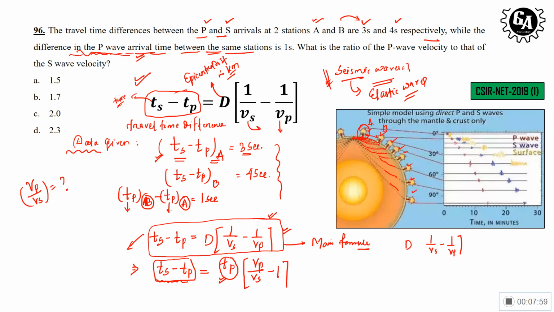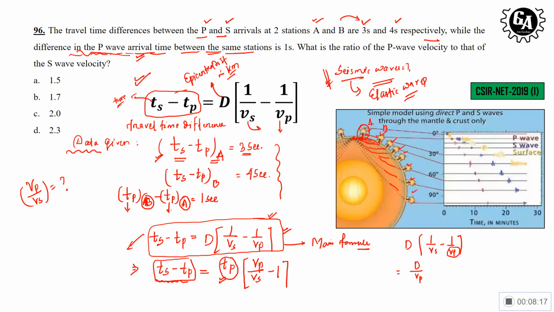Now in this formula, I took Vp as common. I just took the Vp outside, D by Vp. So I have to multiply that Vp inside.